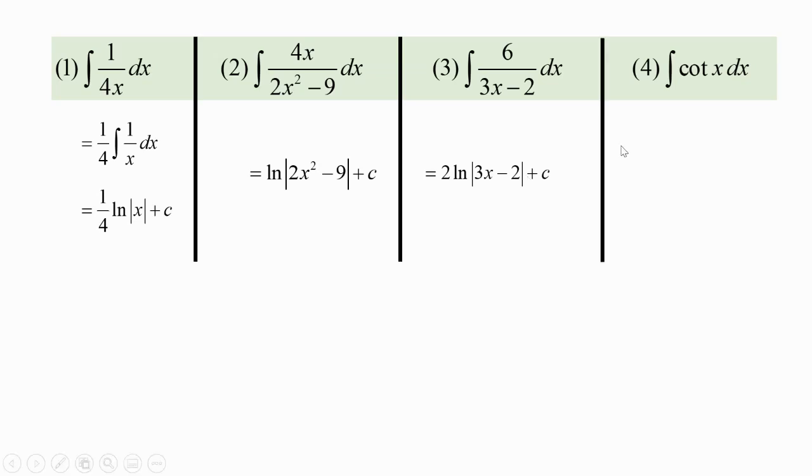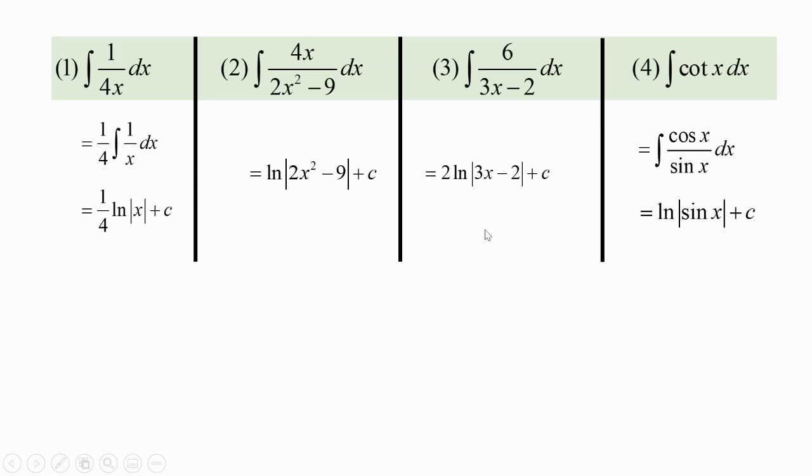And then we get to some trig ones where we've got cot x, and cot x is cos over sine, right? And sine's derivative is cos. So basically, sine's derivative is on the top. So the derivative is actually on the top. So I could go, cool, this means that it's ln mod sine x plus c.